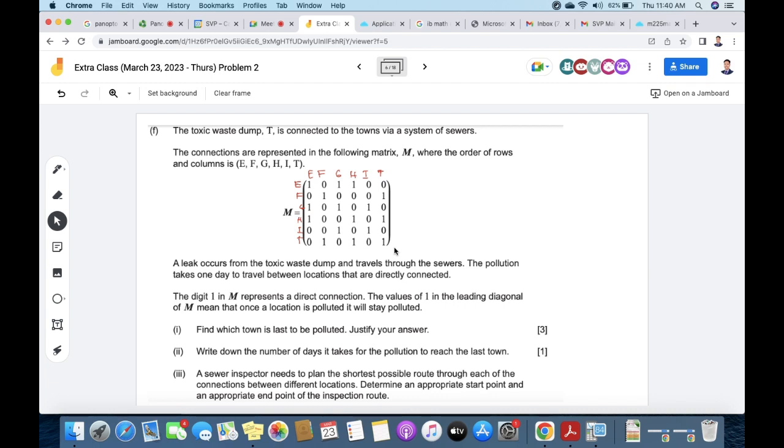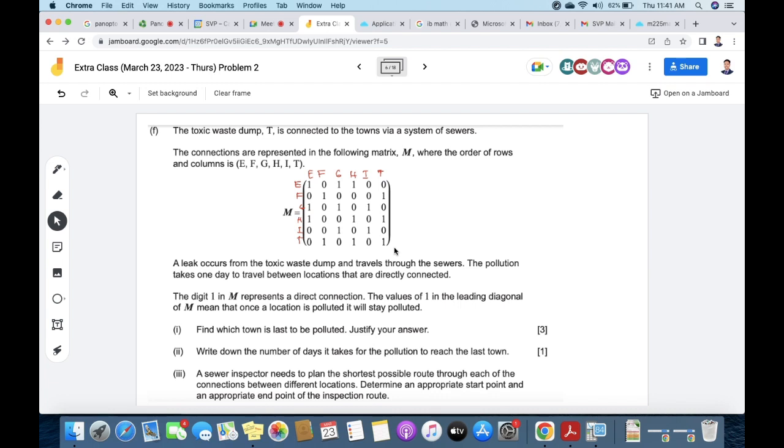Do you follow? And it travels through the connected sewer for what time, for how long? How long does the pollution take? Or how long will it, 1 day? Do you follow? That means the other town's sewer will be polluted for a time of 1 day.